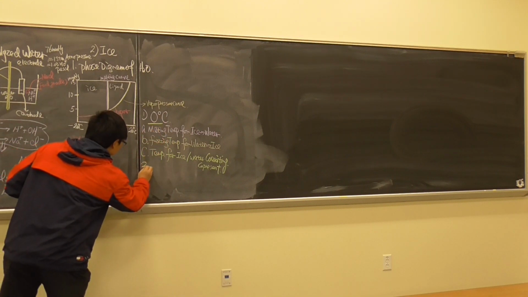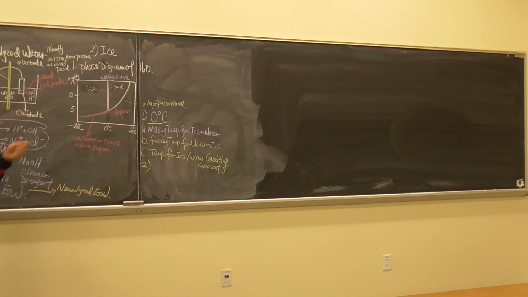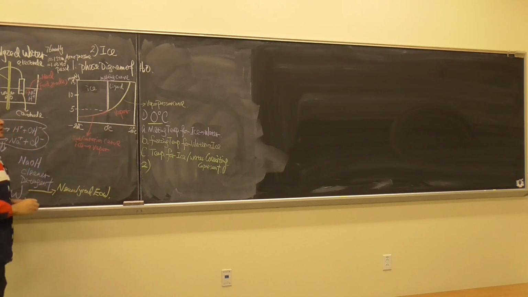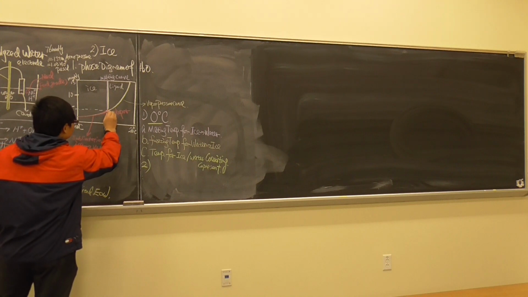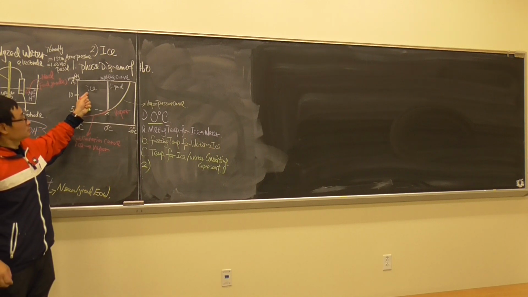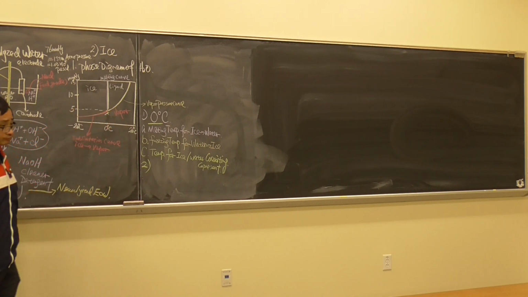Second thing, when you look at it here, something is dramatic. At 5 millimeter mercury column, if you go down a little bit, what happens? The ice directly becomes a vapor.